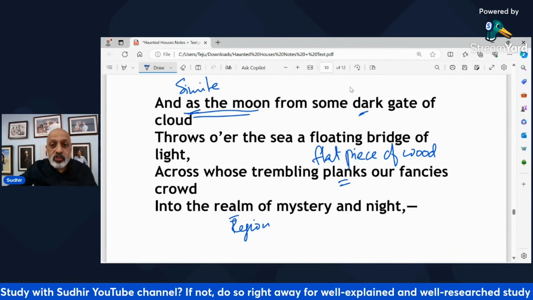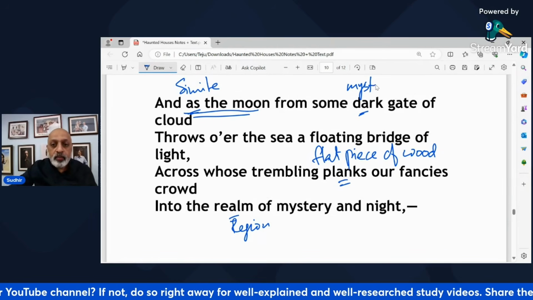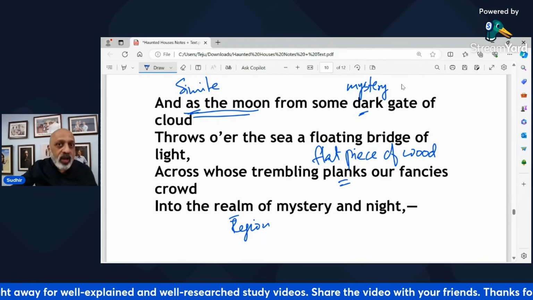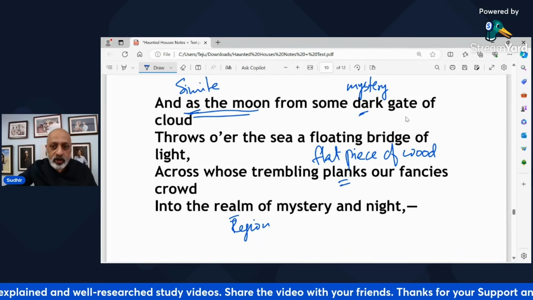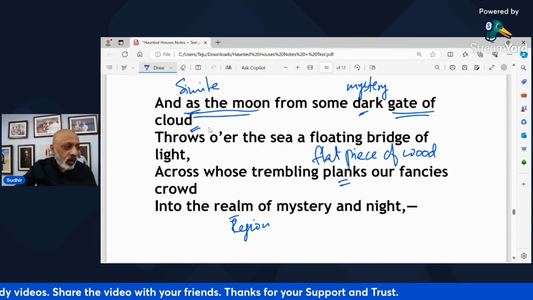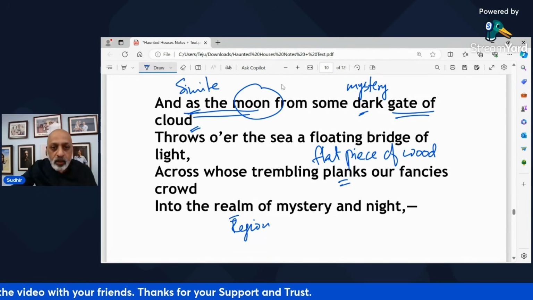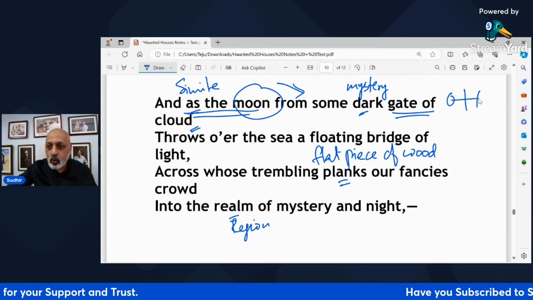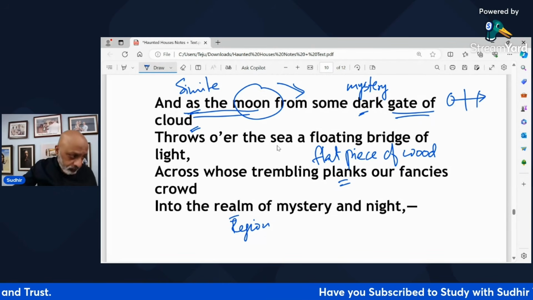Dark gives you again a sense of mystery. Whatever is dark is essentially mysterious. The cloud has some kind of a gate-like quality. The clouds are like a gate and the moon is passing through that gate.